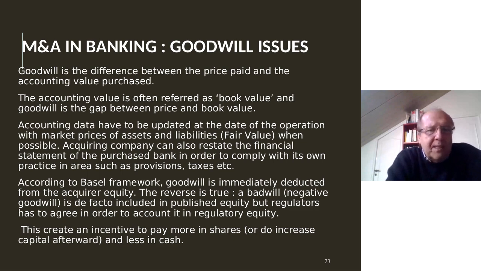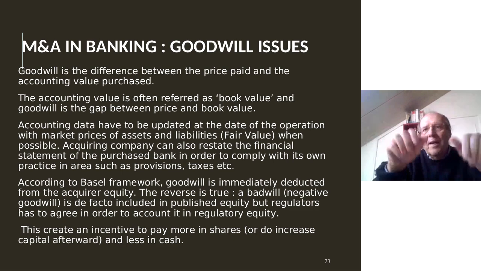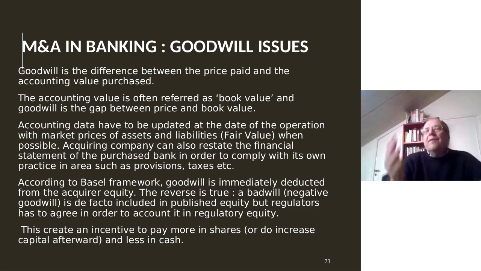Okay, that's easy to understand. At the time of acquisition, you have to ask, is the book value of 100 of the bank I purchased really 100? Then in some cases, if the bank is in bad shape, you can say, no, the real value is 90. So my gap, the difference between the price I paid, 120, and the value I receive, 90, is 30.